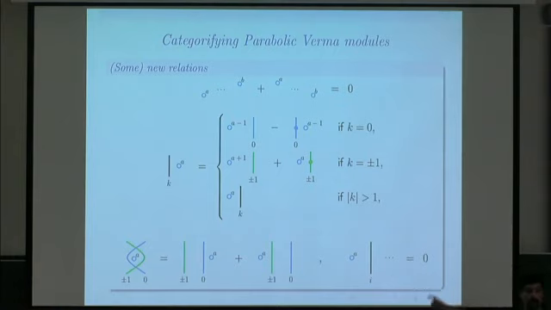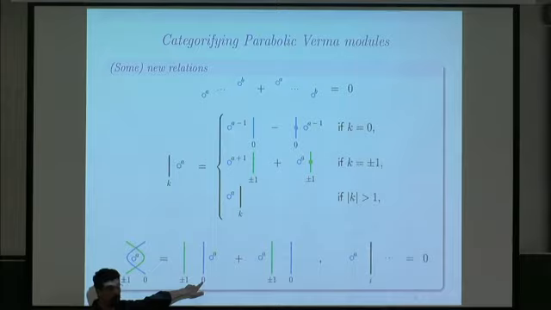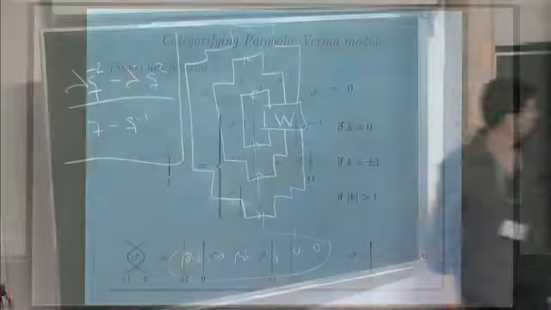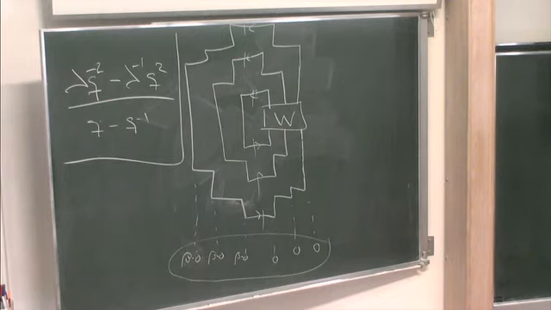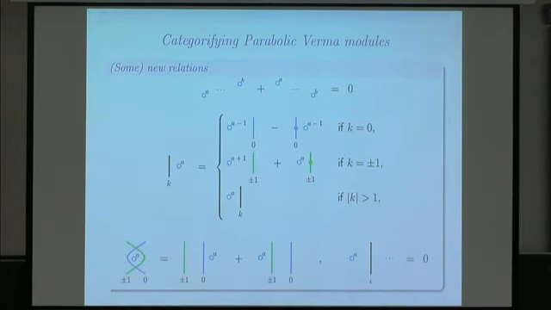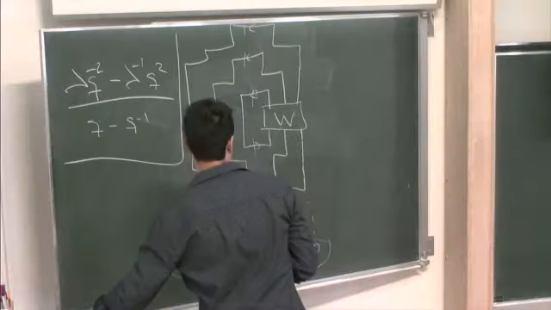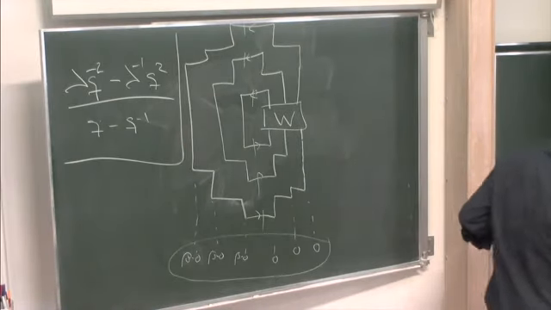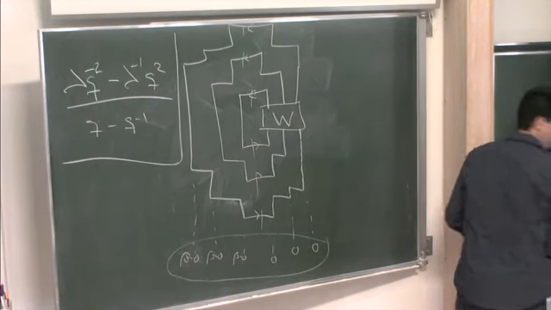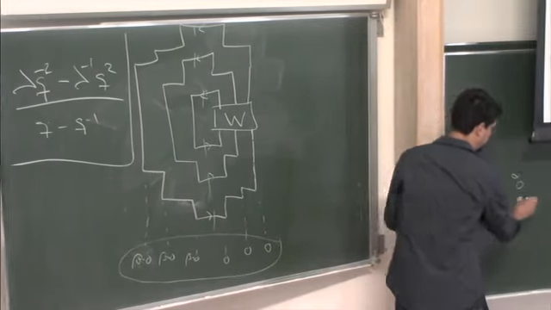What does the green mean? Sorry? Why are some of the things green? Oh, green is the root. This is the simple root alpha 0, corresponding to this. These are the roots alpha 1 and alpha minus 1, so the neighboring ones. Locally, the Dynkin diagram is like this.